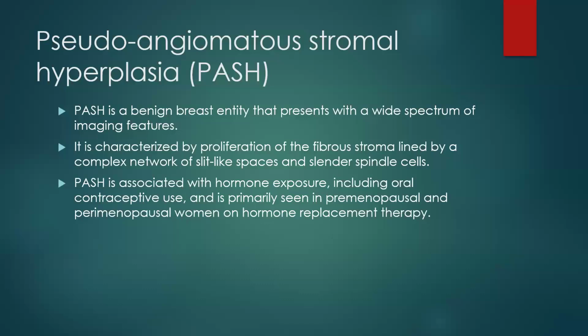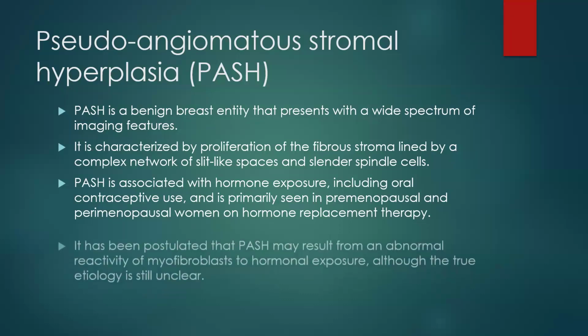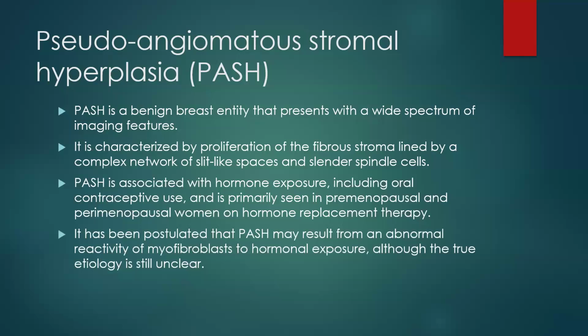PASH is considered associated with hormone exposure, including oral contraceptive use, and is primarily seen in premenopausal and perimenopausal women on hormone replacement therapy. It has been postulated that PASH may result from an abnormal reactivity of myofibroblasts to hormonal exposure, although the true etiology is still unclear.